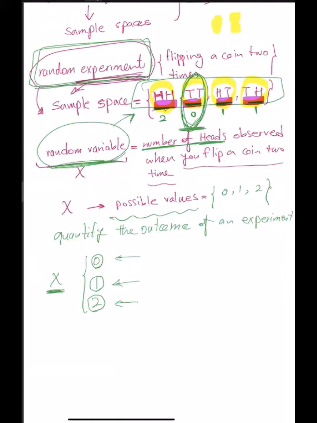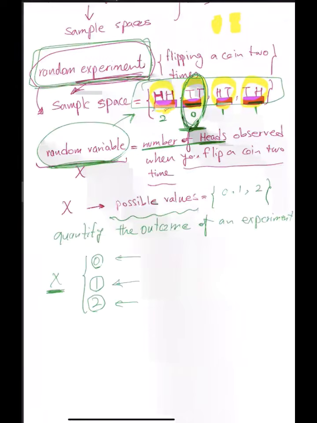There's 25% chance we observe head, tail, and there's 25% chance we observe tail, head. It's not that one of them has a higher chance of happening and one of them has a lower chance of happening. Think about it. When you flip a fair coin, any one of these outcomes has the same chance of happening.